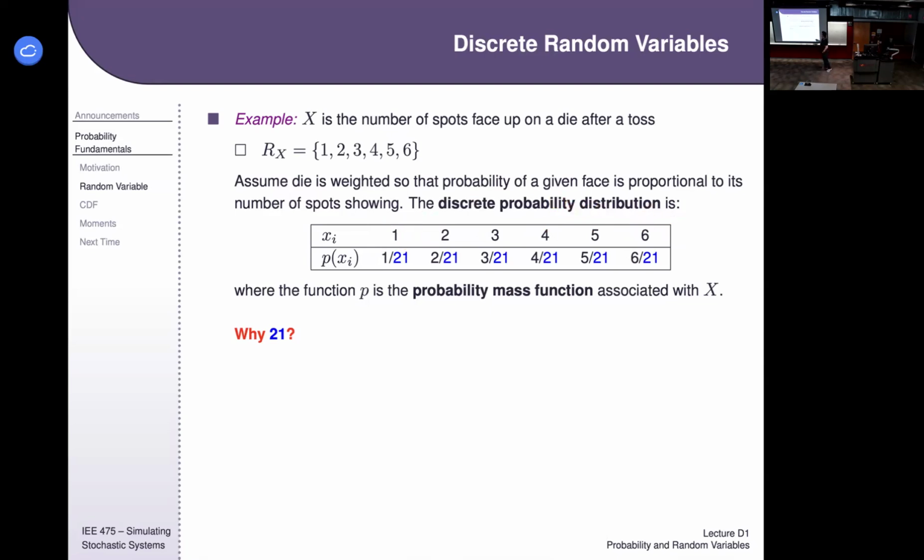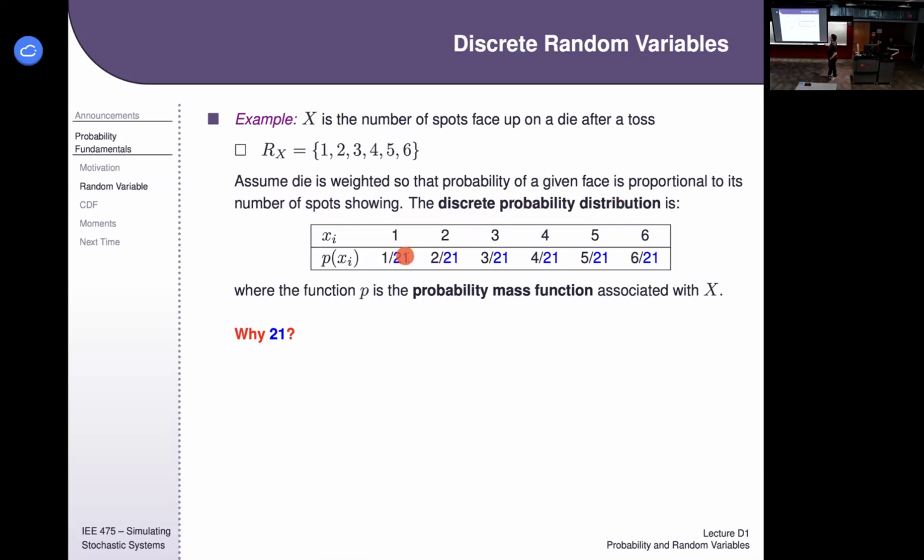In this particular case, the face with 6 dots happens to be 6 times as likely as the face with 1 dot. So we might say that the probability is proportional to the number of dots on the face, and that gives us the numerators here.